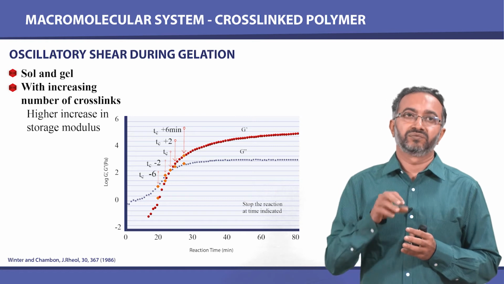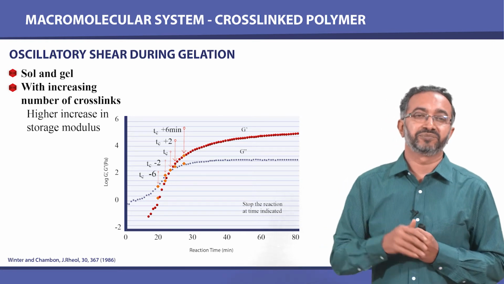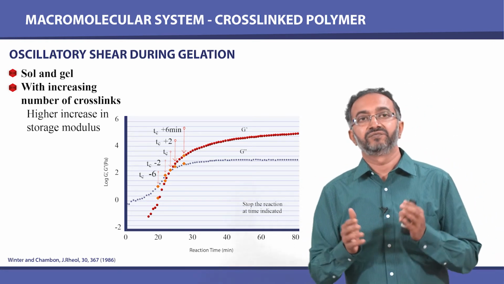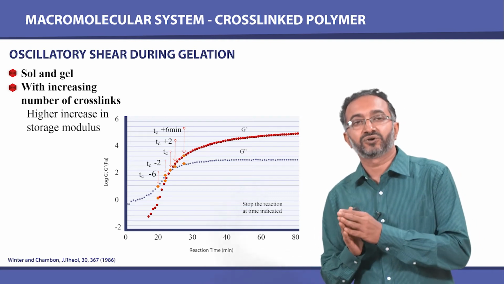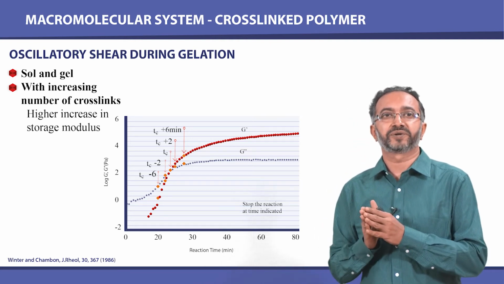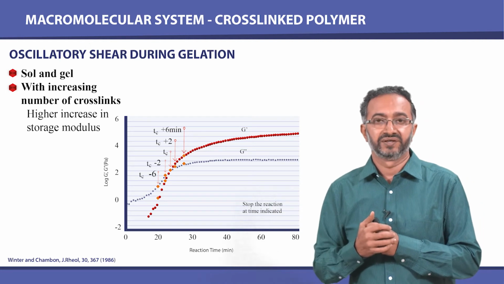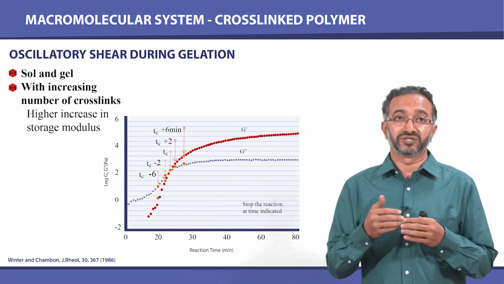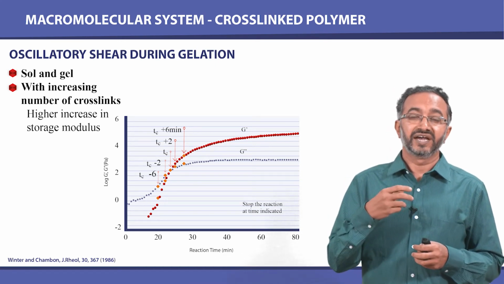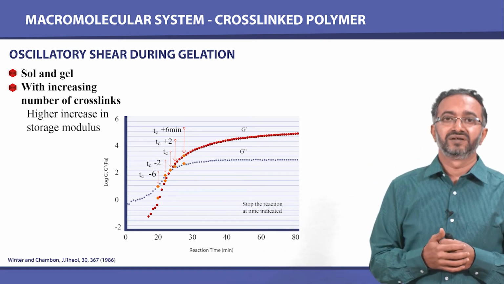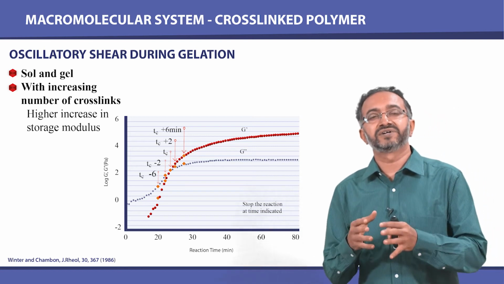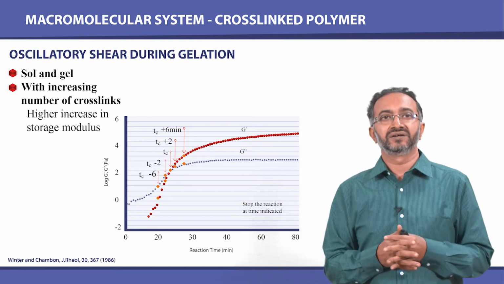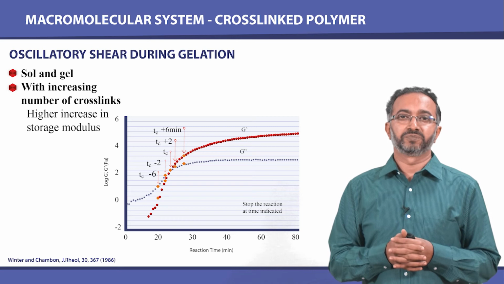So, if one were to do these experiments at different frequencies, we may observe that the crossover between G prime and G double prime occurs at different times. And so, the estimation of gel time would depend on what frequency has been chosen to measure G prime and G double prime.